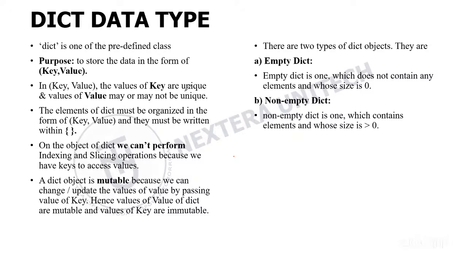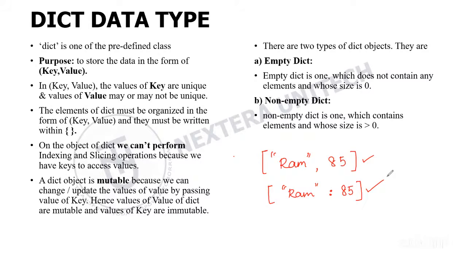So first, let me ask you something. If I want to store some students' marks, let's say, if I store it like Ram scored 80, or else Ram, he scored 85. If I store in this way, it will be good, or if I store it in this way, it will be good.